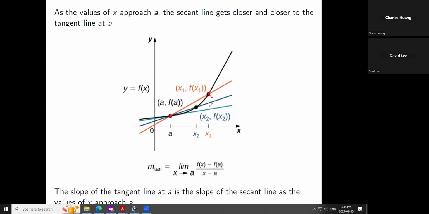So we decided to make the second point closer. We back it up closer, and we back it up closer. And eventually, if I make the distance between the 2 points 0, if I make it as close as we can, and I do the limit, then we get the exact value of the slope of the tangent line. And that's what we did.